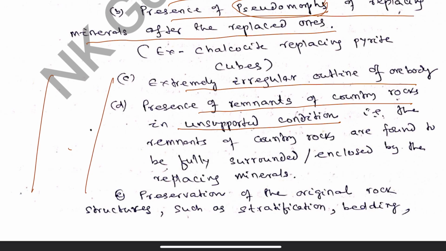If it is a country rock, the solution passed like this and deposition took place in this manner. So this part of the country rock becomes separated from the original rock body, and it is found to be enclosed by the ore deposit. So it is found to be unsupported. This country rock is unsupported, and it is supported by the ore materials.